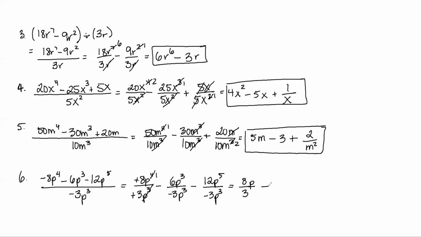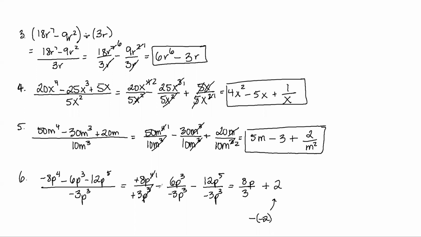Minus, now this one is where it starts to get tricky with the signs. 6 divided by negative 3 is negative 2. But we don't really like to see this negative 2 here. So I'm going to write that down here. And then instead of writing a minus negative 2, I'm actually going to change that to a plus 2.